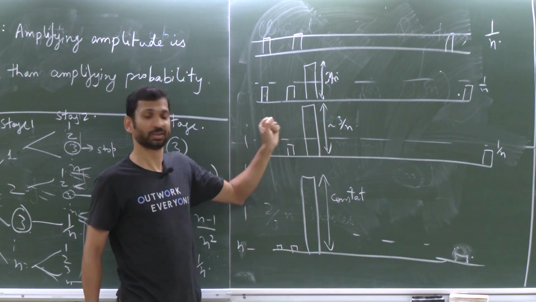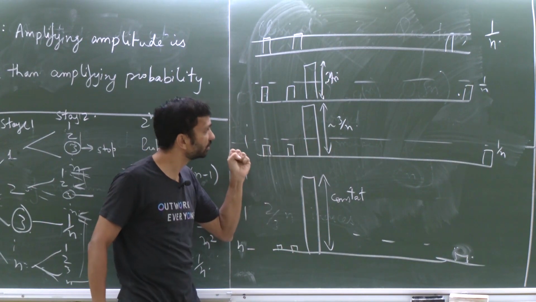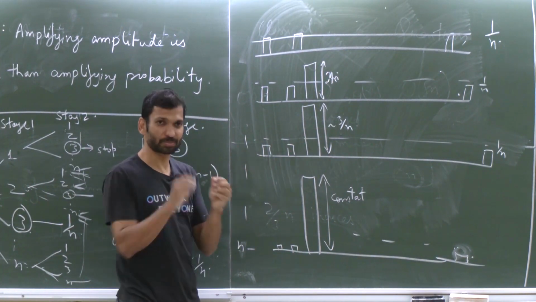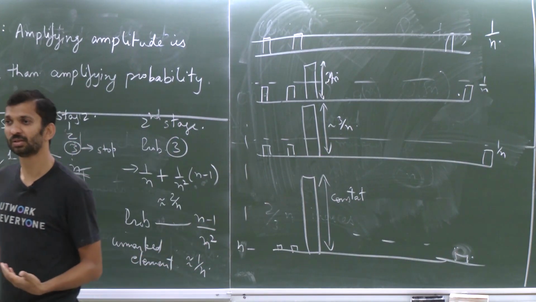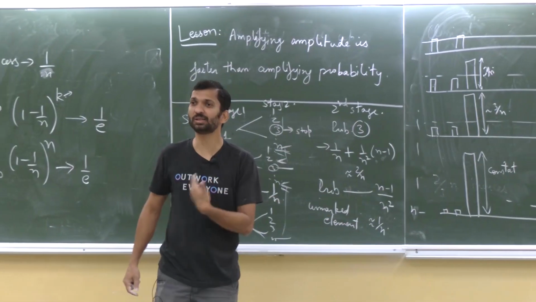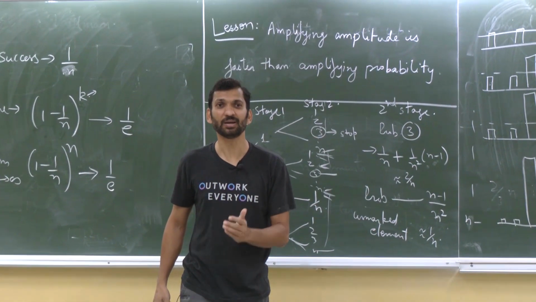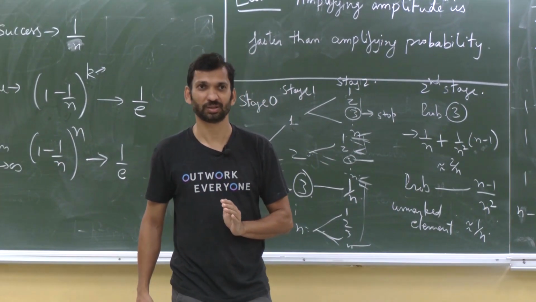What is happening? Each of these small things takes some small portion of it and amplifies the probability of the marked element, right? And then we have to repeat it around n times to get success probability to be constant.